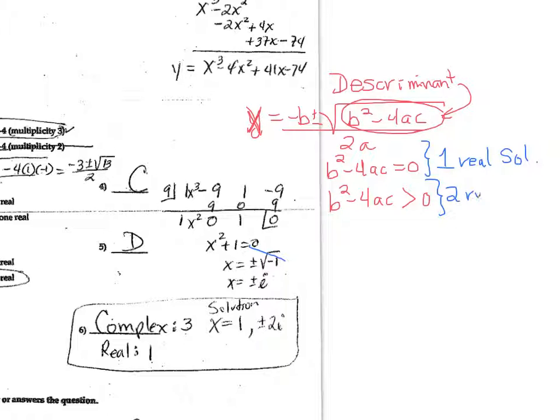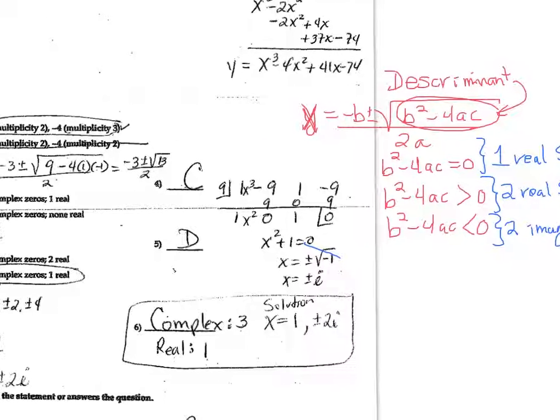But if the discriminant is less than 0, which means it's a negative number, the square root of a negative number gives you an imaginary number, plus or minus imaginary numbers. So you're going to have 2 imaginary solutions. That's how you determine what type of solutions you're going to have.